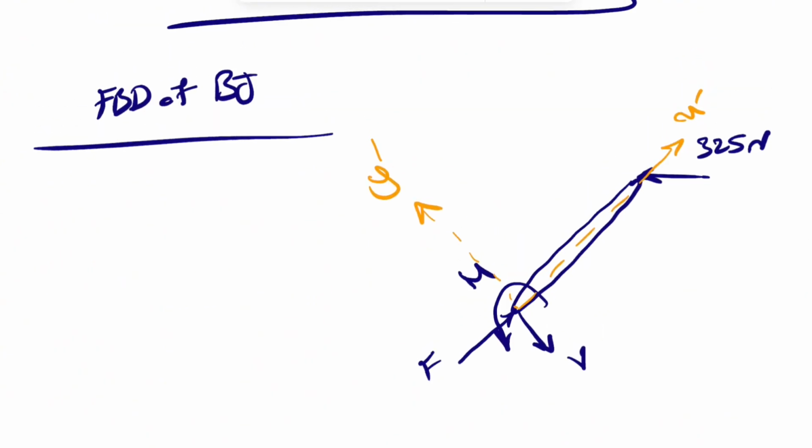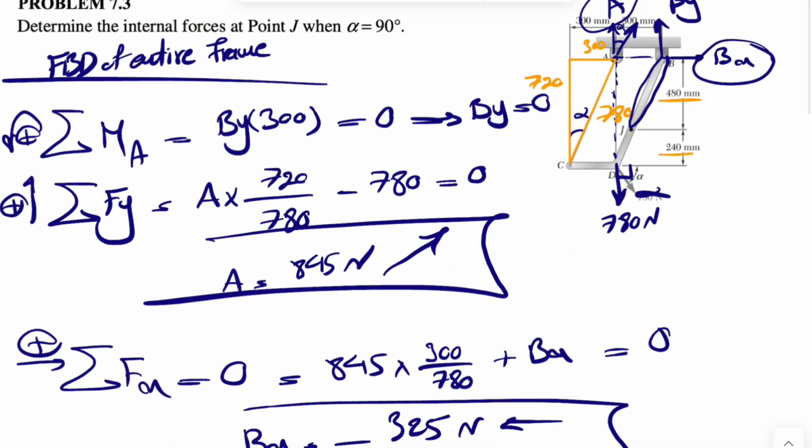Now we have to break down the 325 into two forces, one this and the other one this. For that, we need this angle, which is the angle of Bx, and it is also pretty easy to find if we consider this right triangle right here.